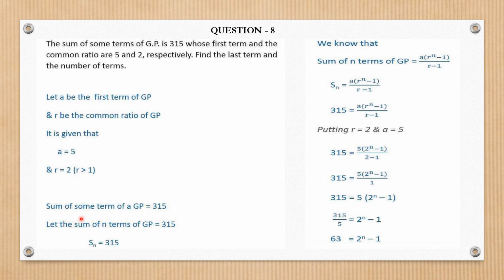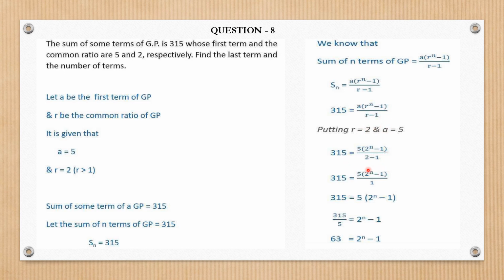Now, the sum of some terms, so there are n terms. Here Sn is 315. So let us apply this formula: Sn is equal to A into (R raised to power n minus 1) divided by R minus 1. So 315 is equal to A times (R raised to power n minus 1) divided by R minus 1. R is 2, A is 5.